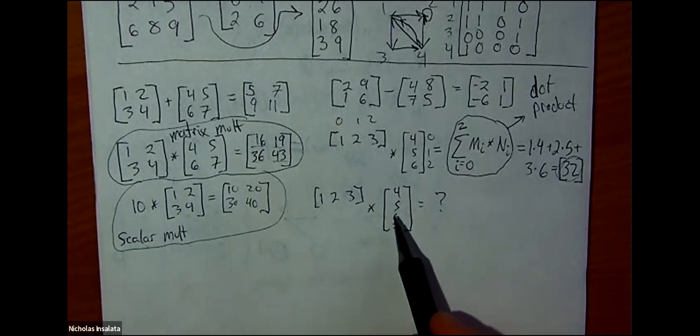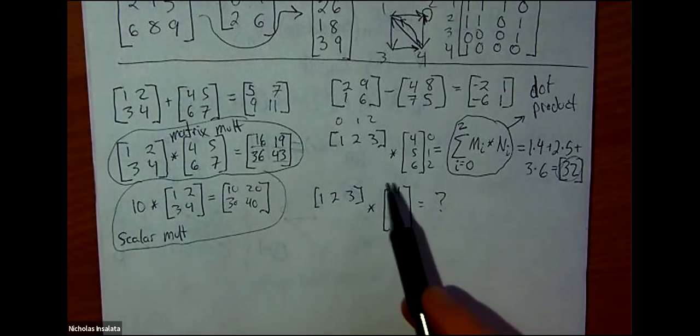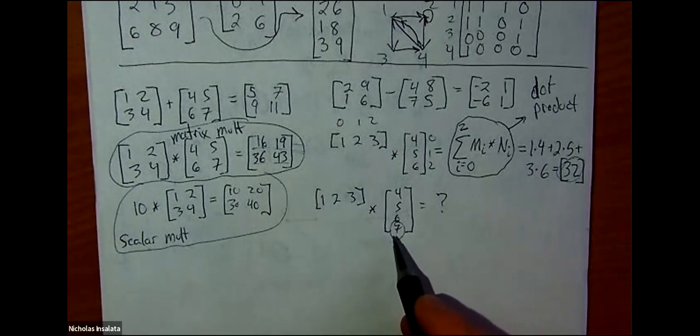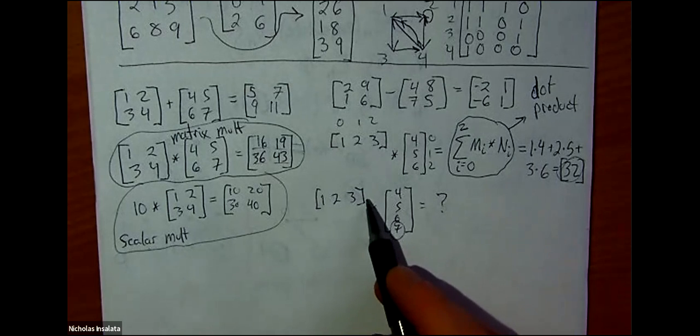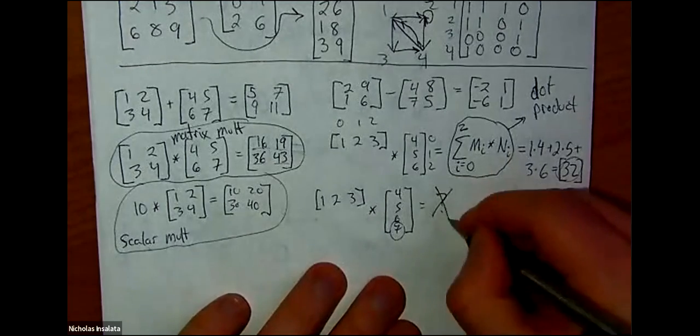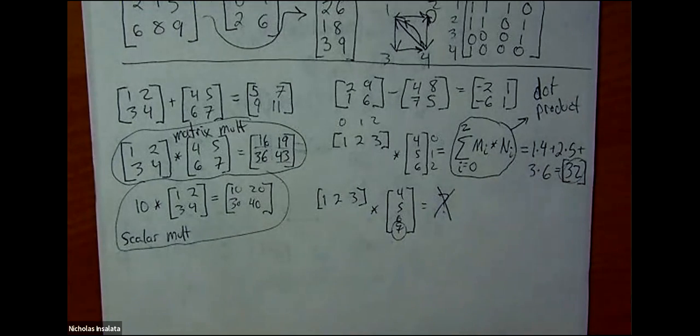In order to multiply matrices, you have to have the same number of entries because this 7 doesn't have anything to multiply by. It's sort of left out. We do 1 times 4, 2 times 5, 3 times 6, and the 7 doesn't have anybody, right? So this is actually not defined, right? Can't do it.